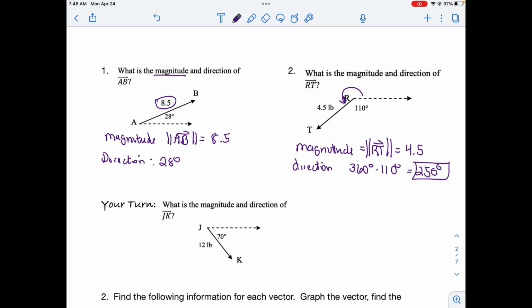Okay, your turn. Try the magnitude and direction of vector JK. The magnitude of vector JK is 12. The direction of vector JK is 360 degrees minus 70, or 290 degrees.